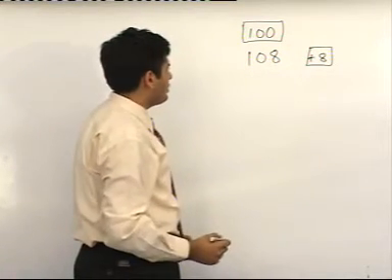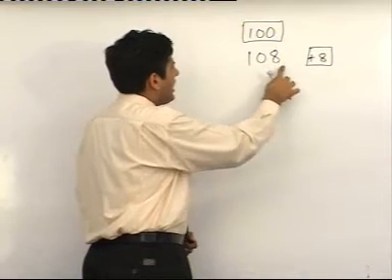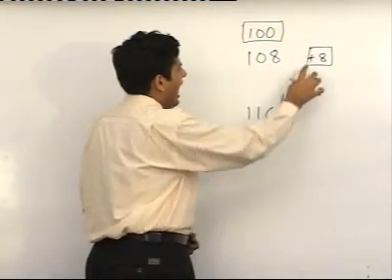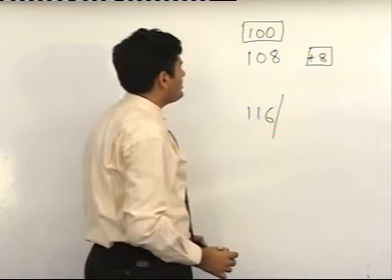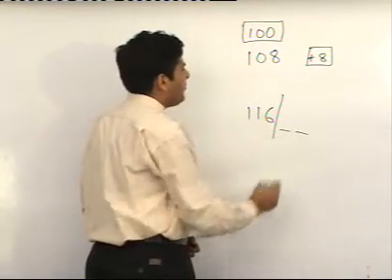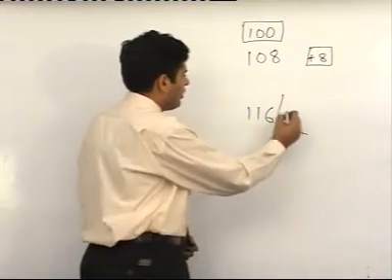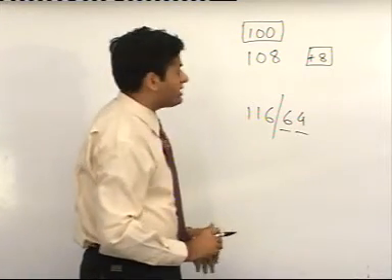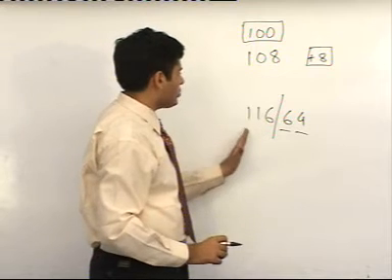So, very simple to find the square. 108 plus 8 is 116. And plus 8 square is, we need a 2-digit answer, so 64. Final answer is 11664. Therefore, you can see square of 108 is 11664.